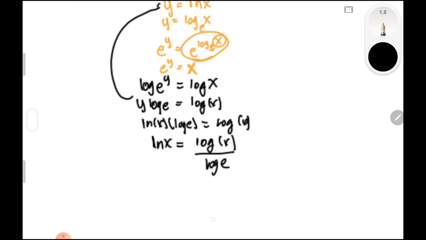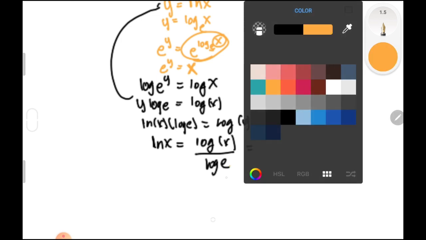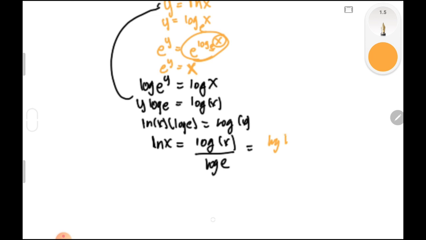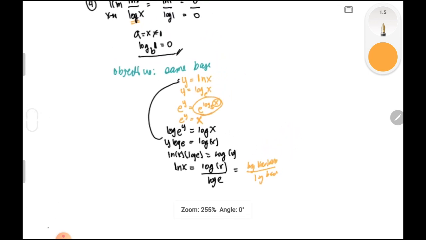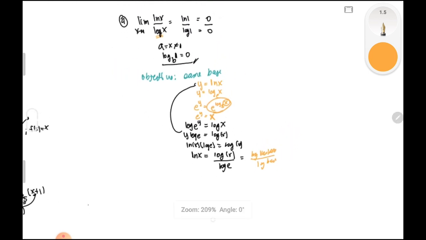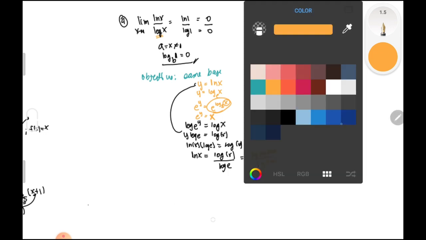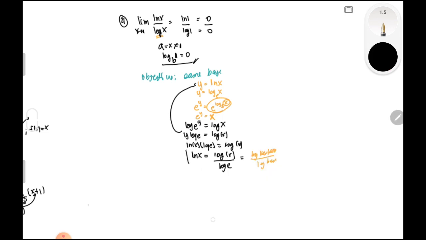Okay, so log ng variable divided by log ng base. So ganun yung analogy niya: log of variable over log of base. Lagi yan. Okay, so therefore, from this situation, I may now say that my ln x was defined or can be transformed into this equation.